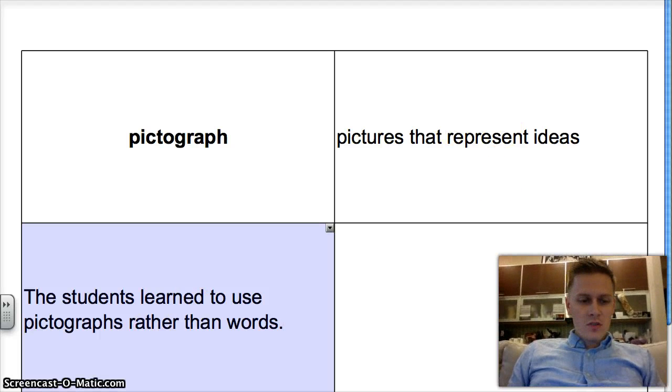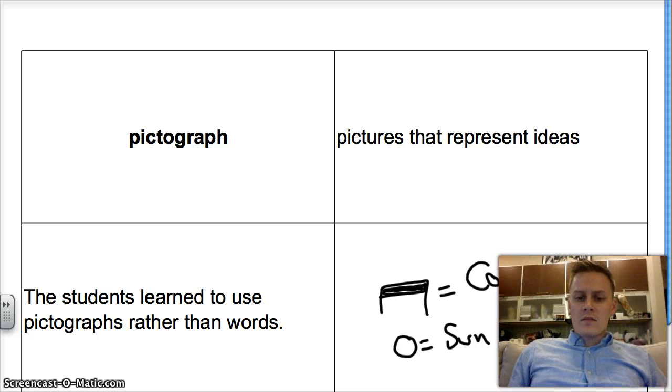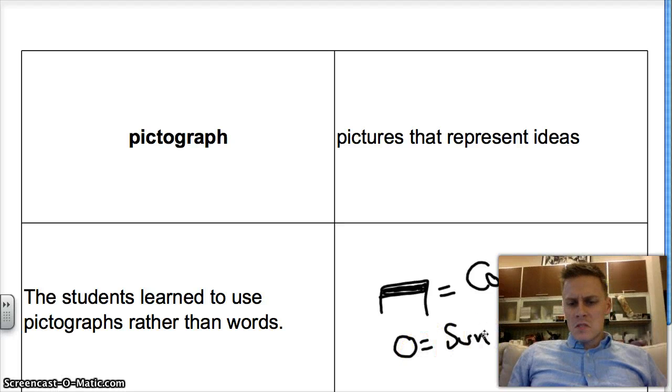And for a picture for this one, I have a couple of just really simple pictures that represent words. So I'm just using this symbol, this picture, to represent the idea of a cow, and this picture to represent the idea of the sun. It's just a picture that represents an idea.